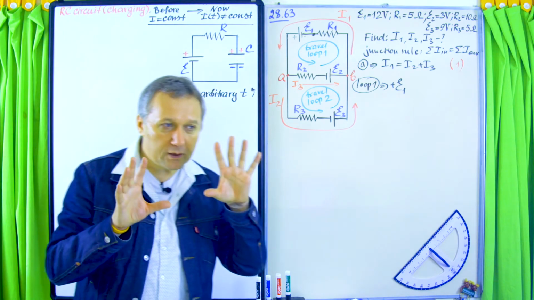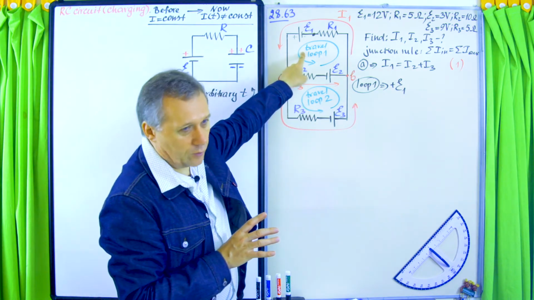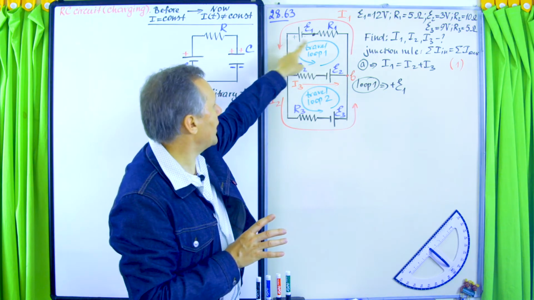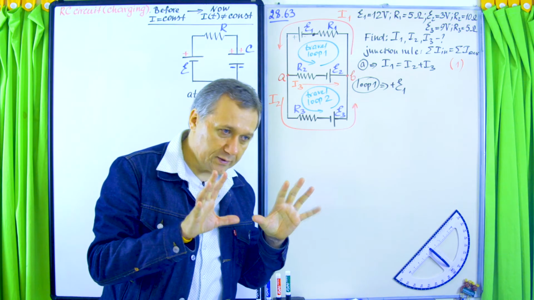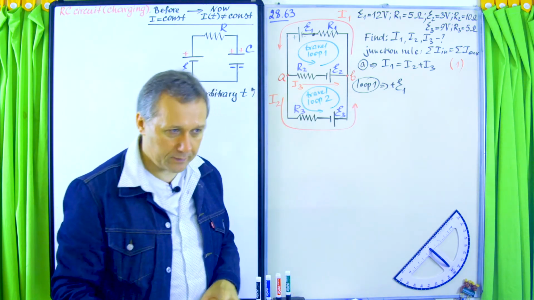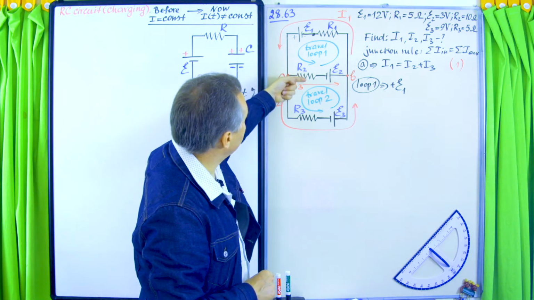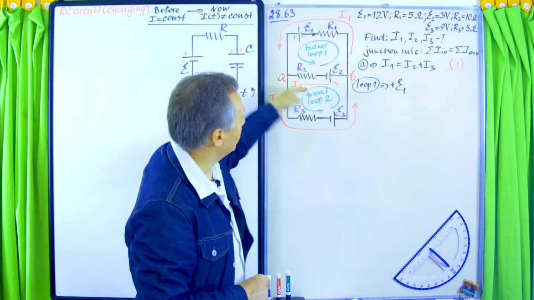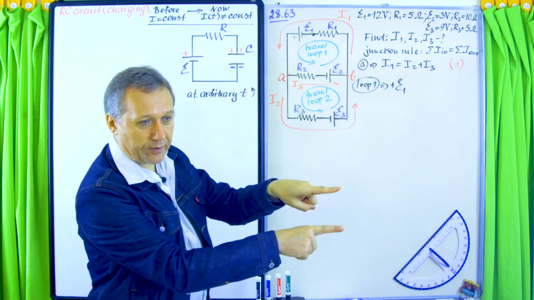For a battery, you only need to know which point is final and which is initial. But for a resistor, you need to look at both directions, travel and current. Don't forget that. So for resistor R2, current I3 goes that way, travel also that way, so both directions are the same.